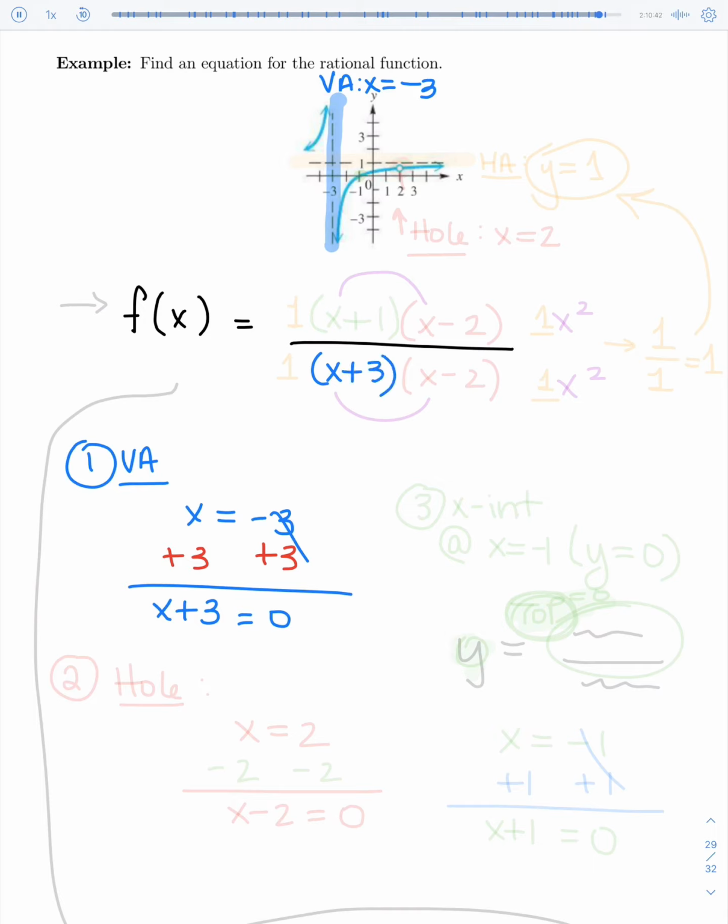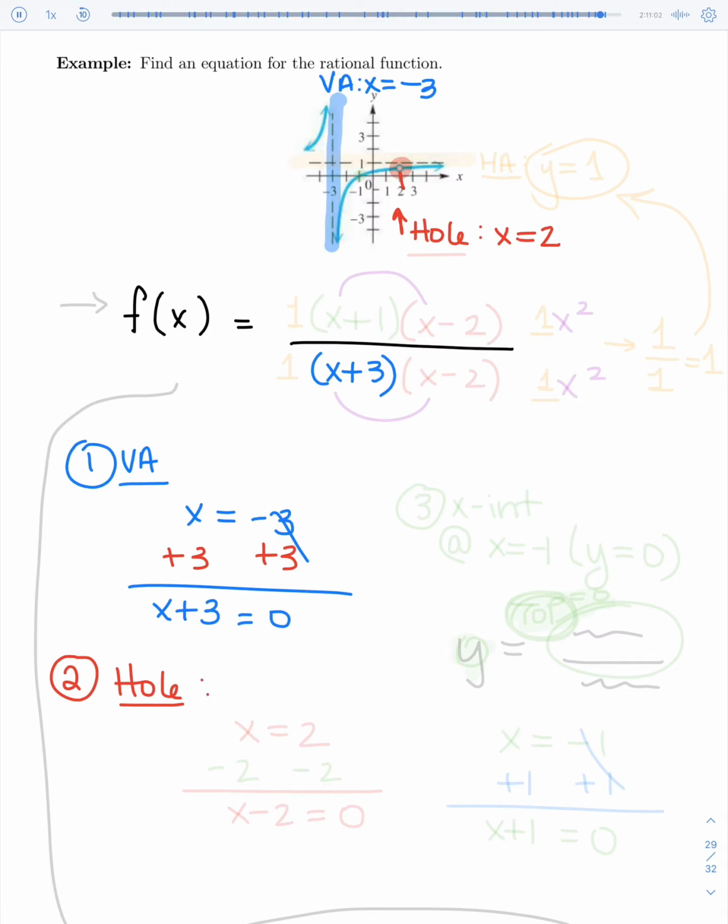The next thing that we want to go after is that hole that we've got. So we've got a hole at x equals 2. Again, what does that mean about the factor that we're going to have?